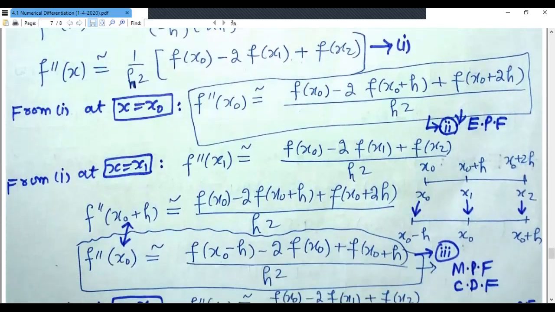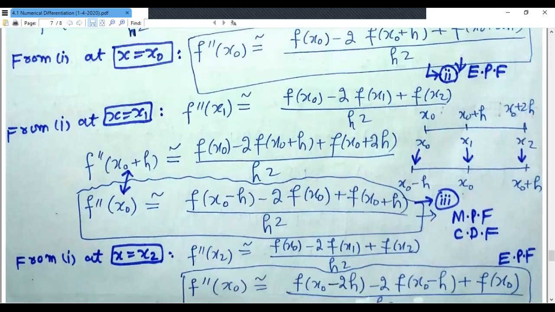And if we put x equal to x1, we will have another formula, and again we have to replace x naught plus h by x naught, so that x naught plus 2h will become x naught plus h and x naught will become x naught minus h.